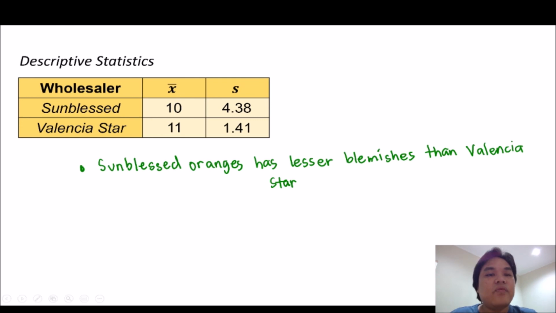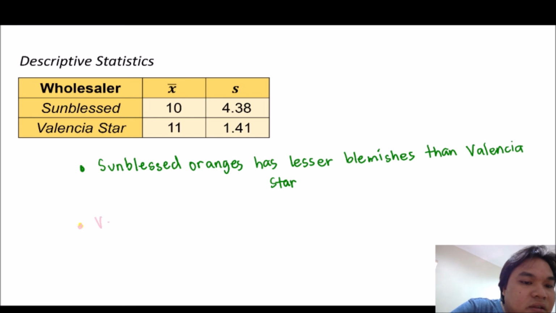Okay. Next will be the standard deviation. As you can see, Valencia Star has a lesser standard deviation than Sunblest. So we can say that the data of Valencia Star is more intact than Sunblest. Okay, so it has a lesser variability. So let's write it down.